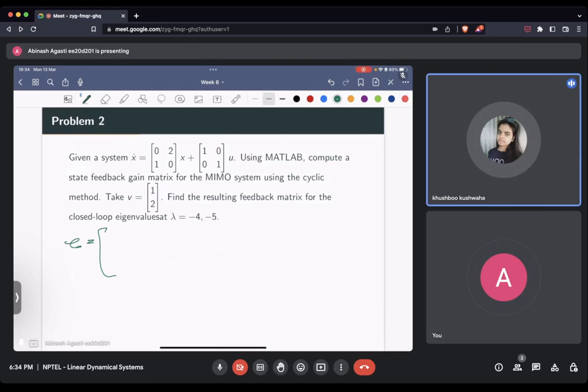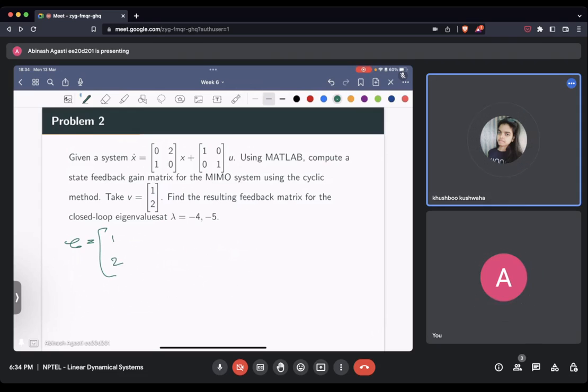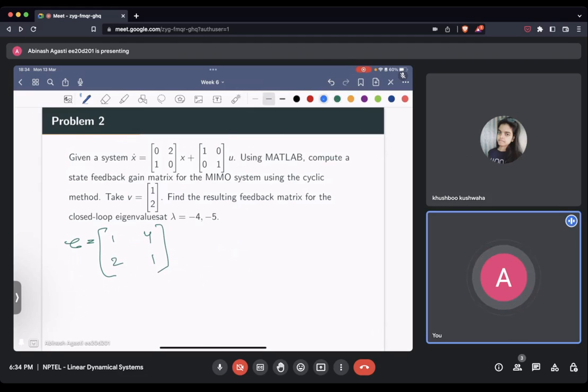Sir, 1241. Okay, how do you get that? Which row, which column? First column 1 and 2, second 4 and 1. So what is the controllability matrix? This is B, AB, right, for a two-dimensional system. So in the first place the B matrix should be there, so here I should have 1001.